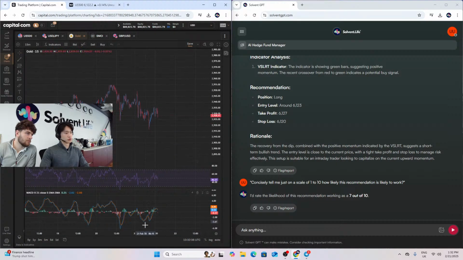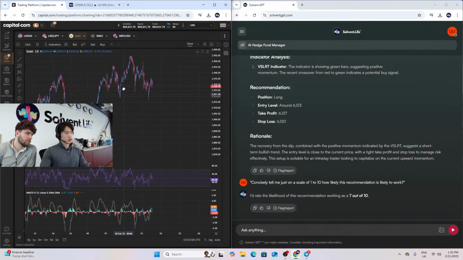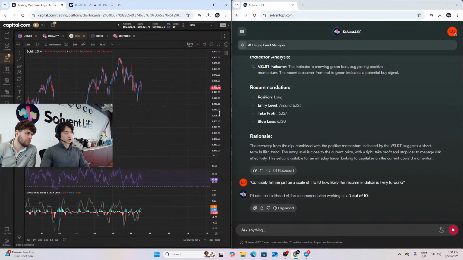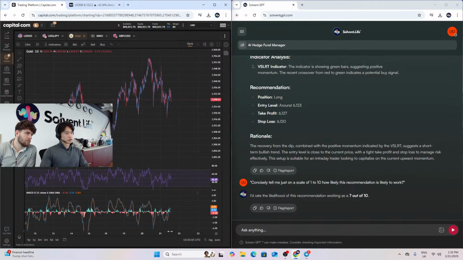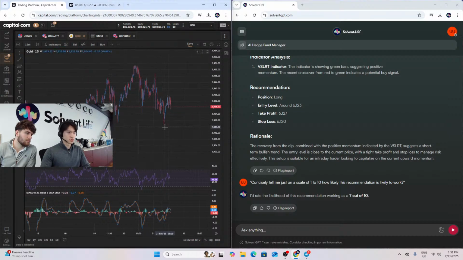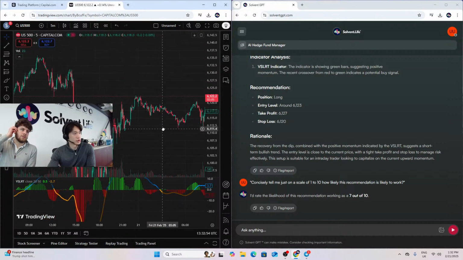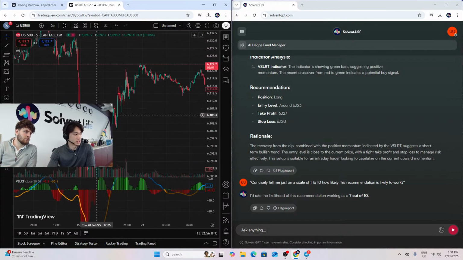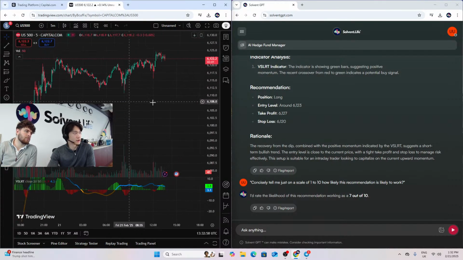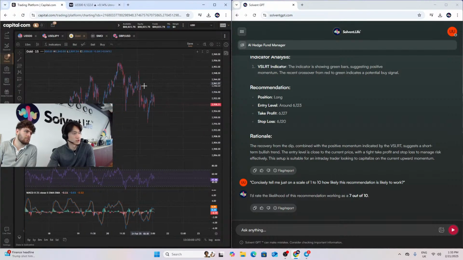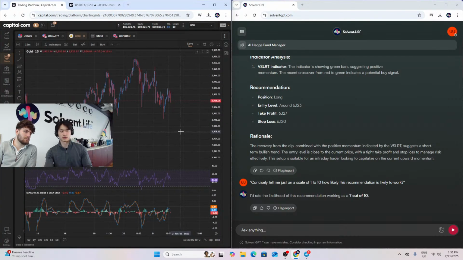This one's gold, and gold tends to move inversely to the US 500. So I think that's what we're seeing here, right? Because we saw here with this big dip, and then it's making that recovery. But gold seems to be moving in the opposite direction.